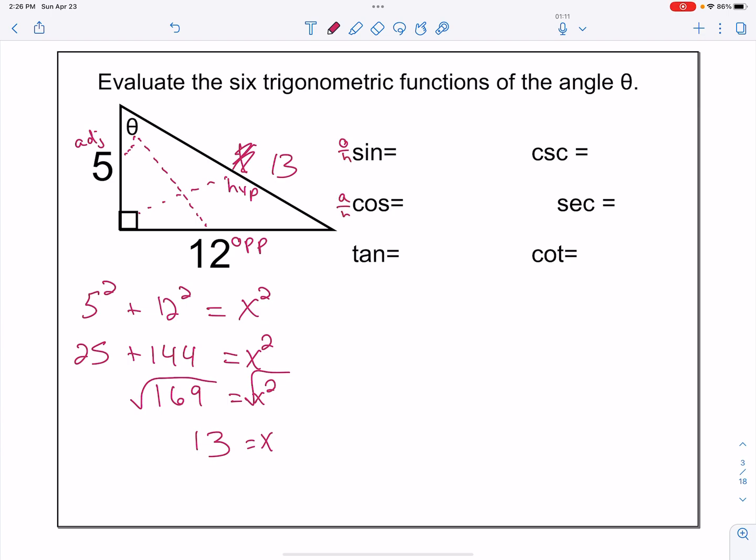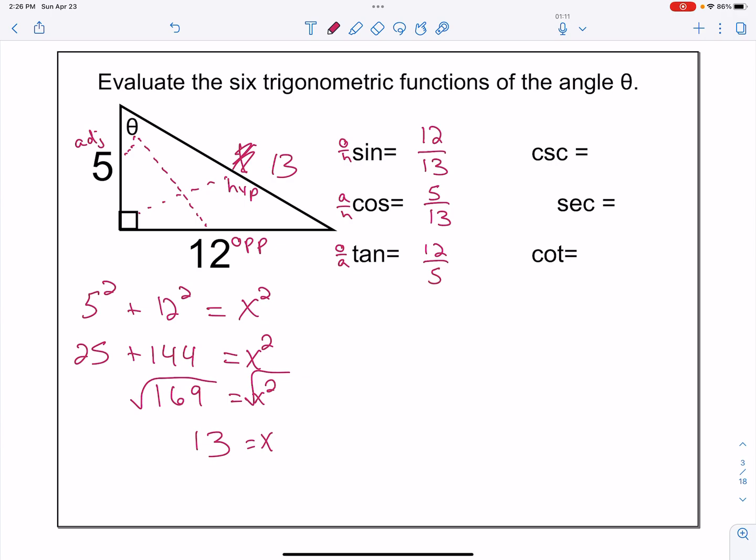Cosine is adjacent over hypotenuse. And tangent is opposite over adjacent. So for sine, opposite over hypotenuse is just 12 over 13. And then the cosine is adjacent over hypotenuse, which is 5 over 13. And then the tangent is opposite over adjacent, which is 12 over 5.